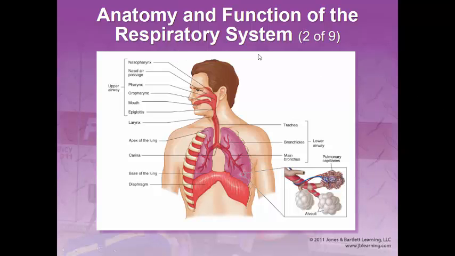So looking at the anatomy and function of the respiratory system, let's divide it right here at the larynx. This little line right here is the voice box. And in the voice box is a little flap of skin right here north of it, superior to it, called the epiglottis. What that epiglottis does is it directs which way, which tube, whatever is coming in the mouth is going to go.